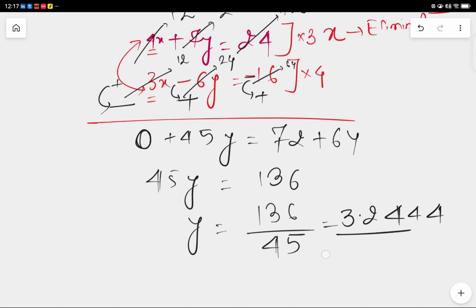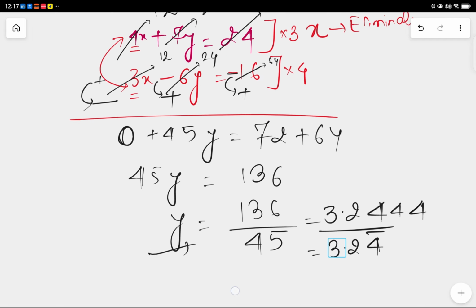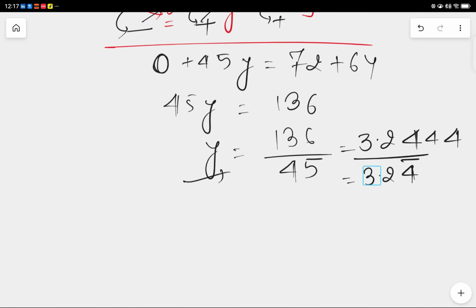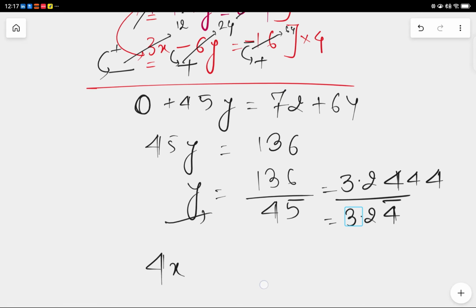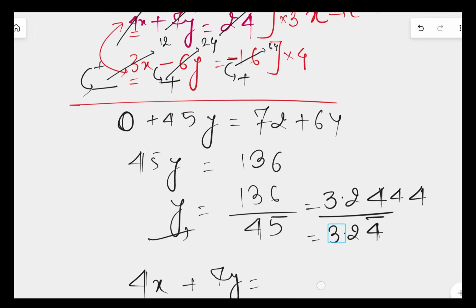We don't write it like this, we write 3.024 with the 4 recurring. Okay, now if you got the value of y, you can substitute it in any one of the equations, like 4x plus 7y equal to 24.